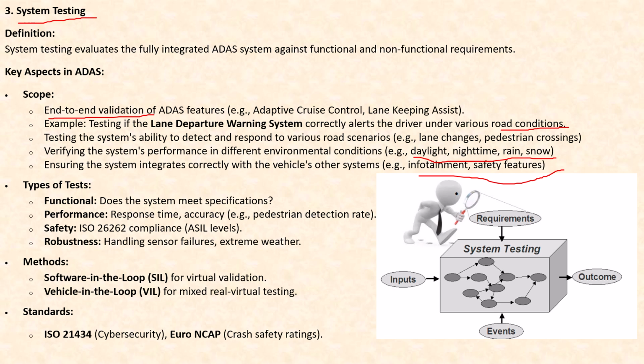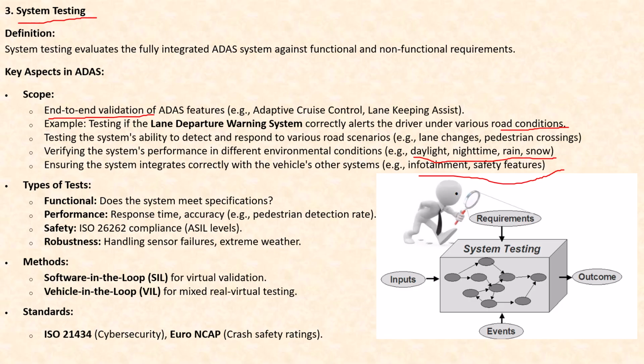So whether this integration on the whole is working properly or not also falls under the purview of the system testing. Now what are the various types of tests? Functional, performance, safety, robustness, all these things fall under the purview of system testing. And you can say that all these functional, performance, safety and robustness are subsets of system testing.